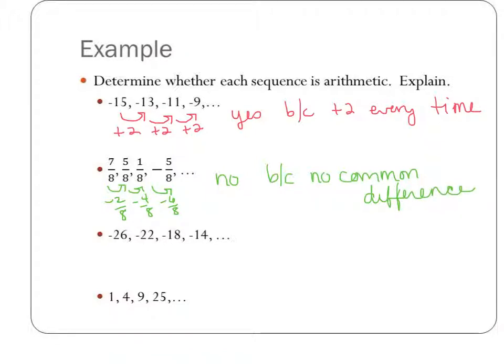Okay, so the next one, plus 4, plus 4, plus 4, right? So yes, because we added 4 every time. And what about the last one?